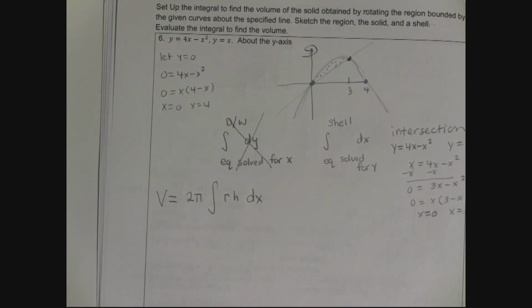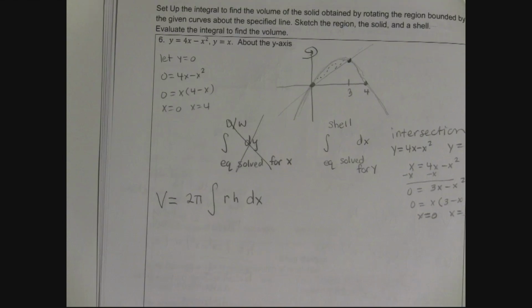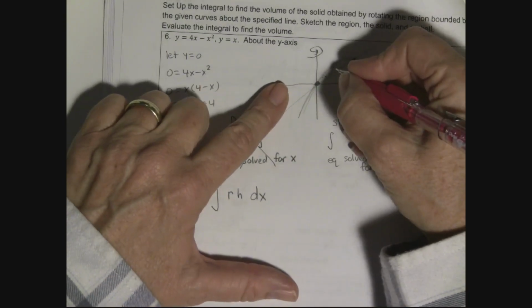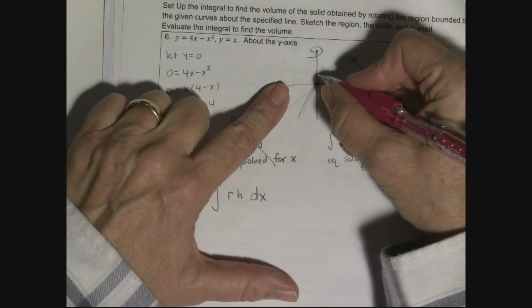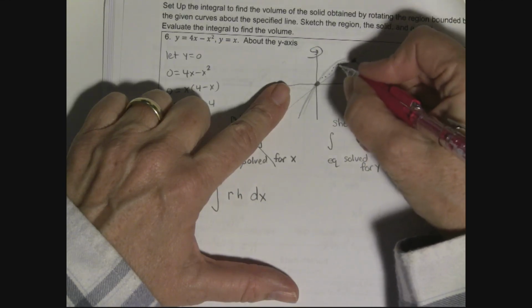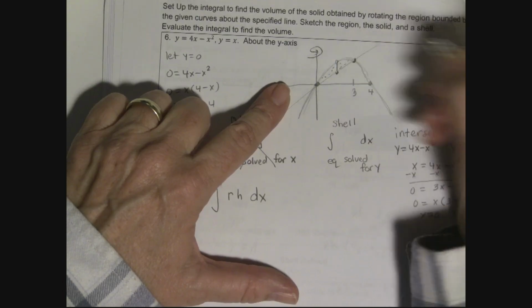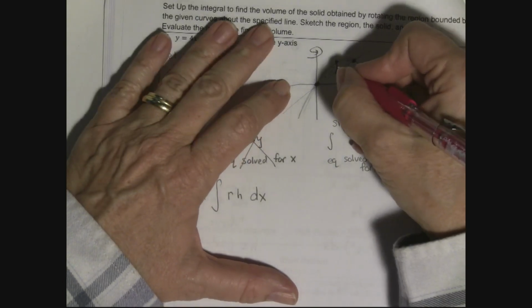And I always start with h. And I say to myself, h is parallel to the axis of rotation. So I'm going to go right here, and here's my axis of rotation, and I'm going to draw my h right here. And my h goes from here to here. I usually draw it in the middle, but you could draw it anywhere you wanted.